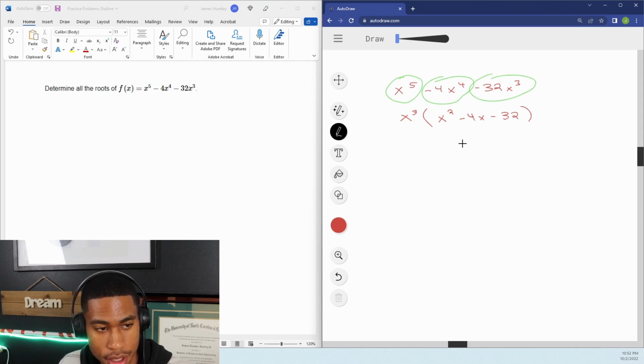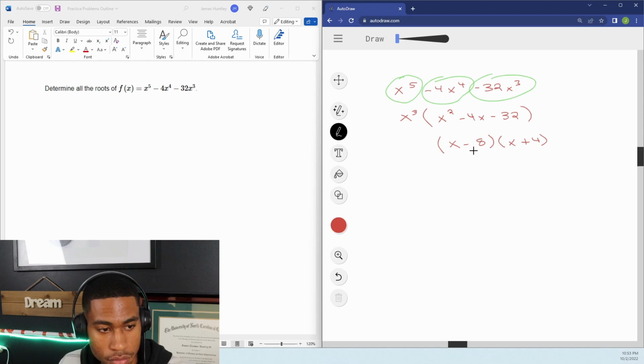What can I multiply to get 32, and how can I factor this down? If I use 8s and 4s, I think I can get a -4 to come out somewhere. So I'm going to go with x minus 8 and then x plus 4.